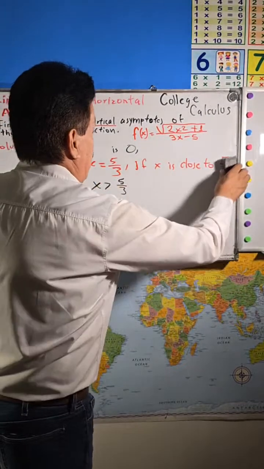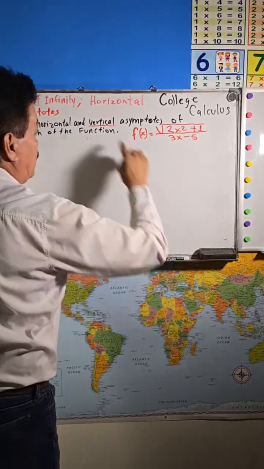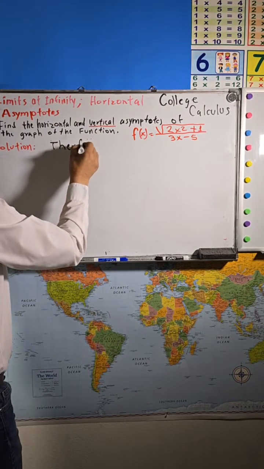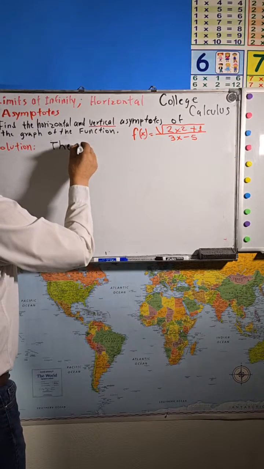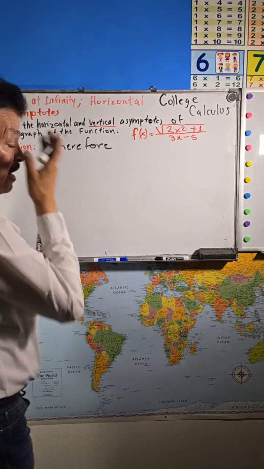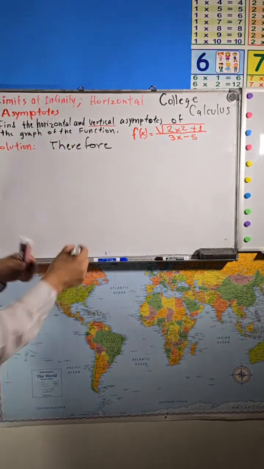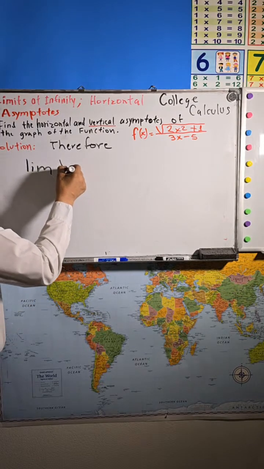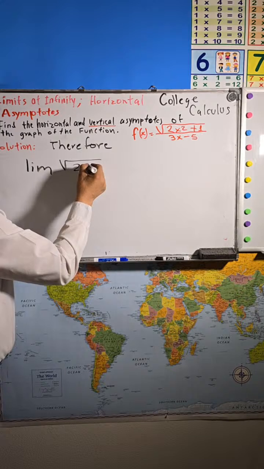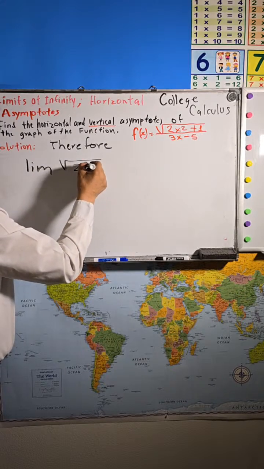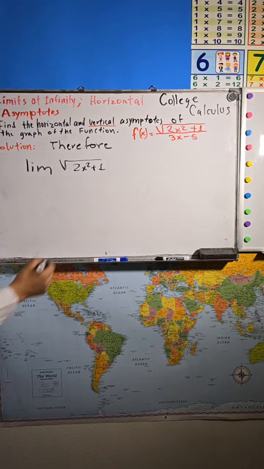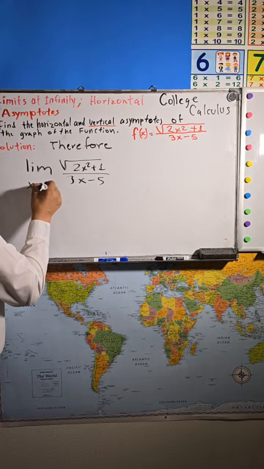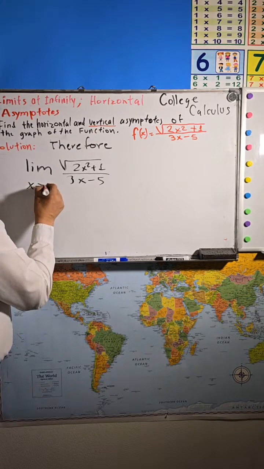Therefore, as a conclusion, we are looking for the vertical line. So therefore, the limit of the square root of 2x to the second power plus 1 divided by 3x minus 5.